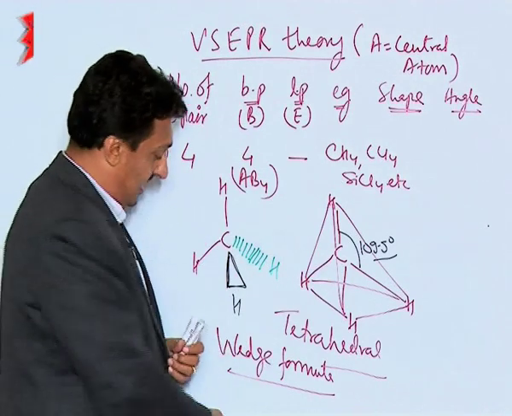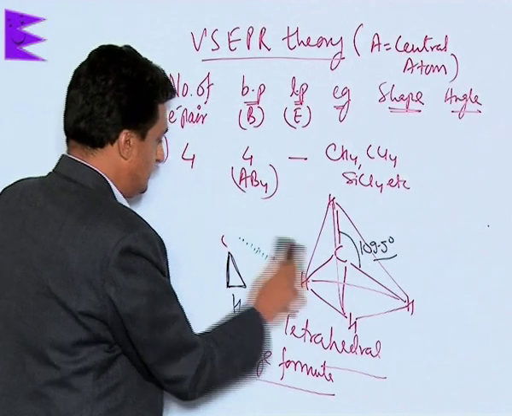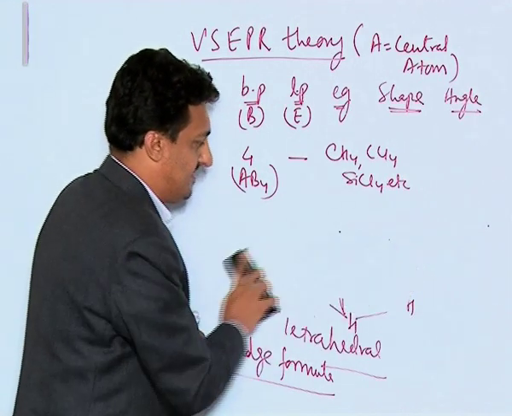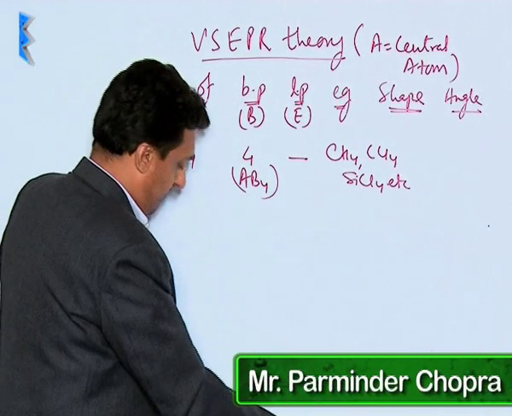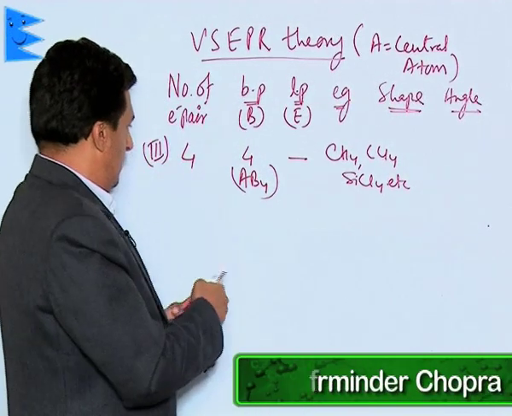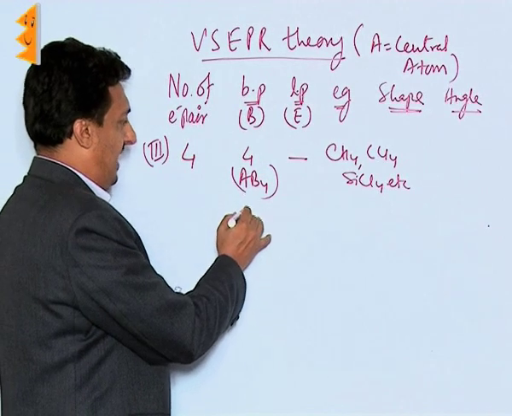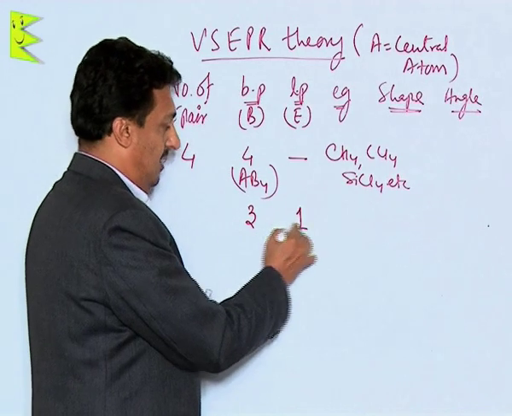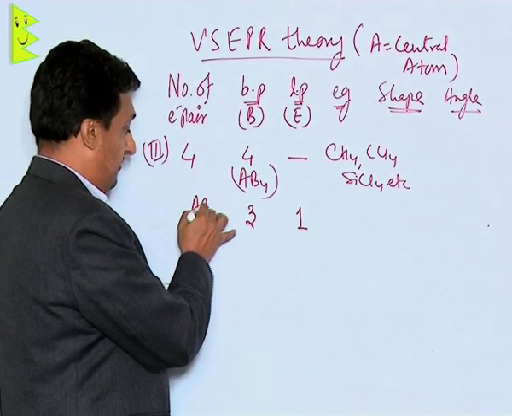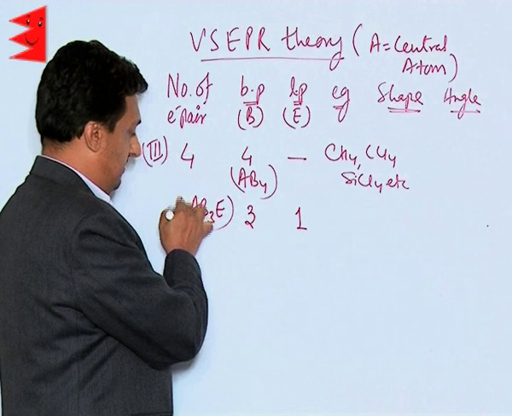Let us see the other case. The case is the central atom is having 4 electron pairs. Now with the same 4 electron pairs, let's have a case in which the central atom is having 3 bonded pairs and 1 lone pair. So it's a case of AB3E.